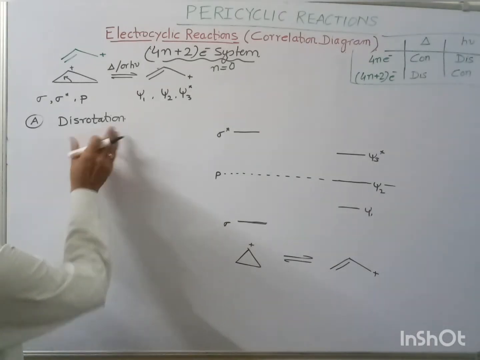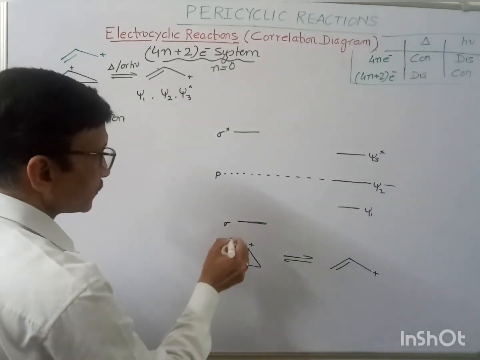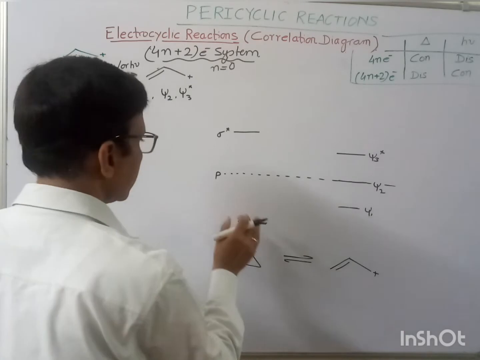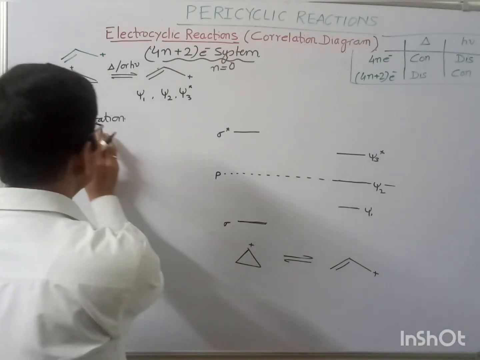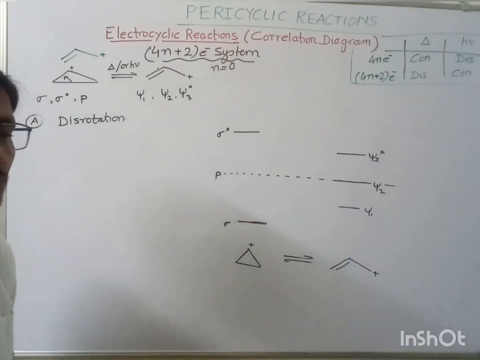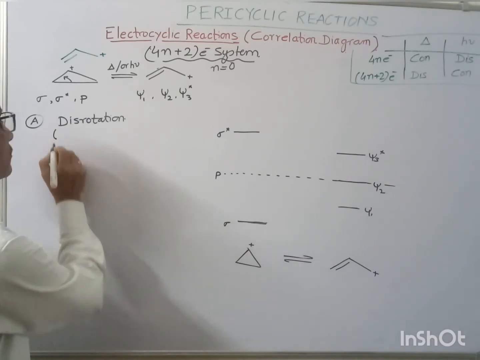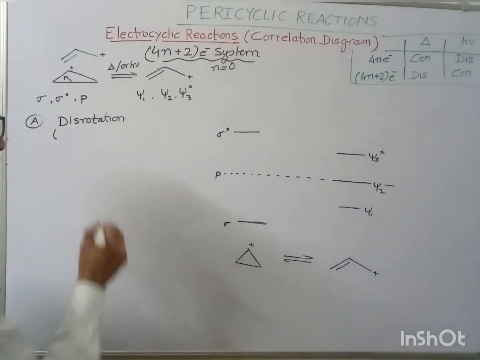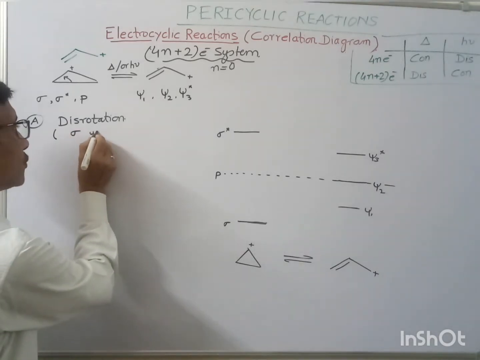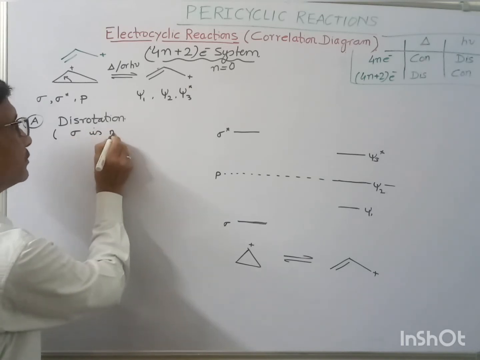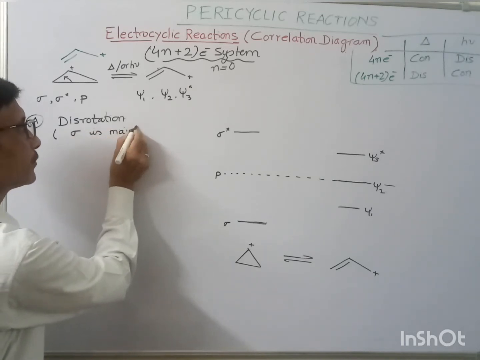Now what you will see in this case, we have to see that for disrotation, sigma, the mirror plane symmetry, is maintained in reactant and product.